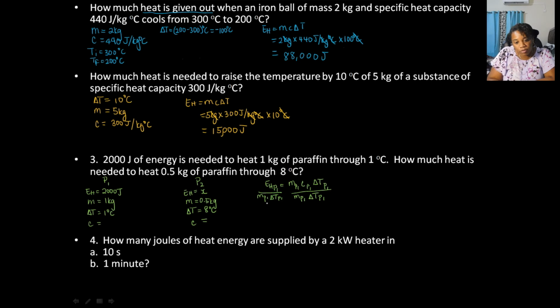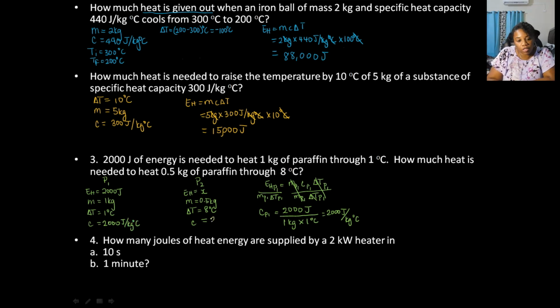And since you read from left to right, we're going to put C P1 equal to the EH, which is 2000 joules, over the mass, which is 1 kilogram, and then the temperature change is 1 degree Celsius, and that will give us 2000 joules per kilogram degree Celsius.